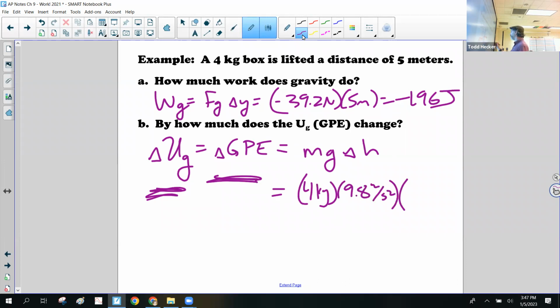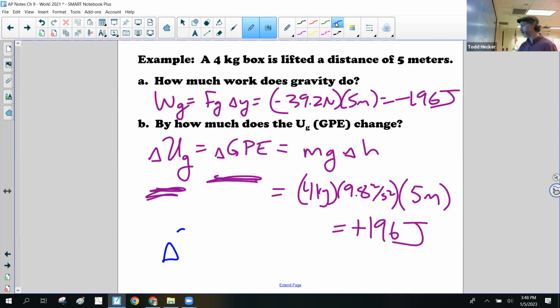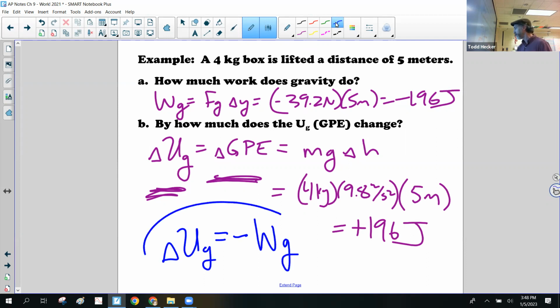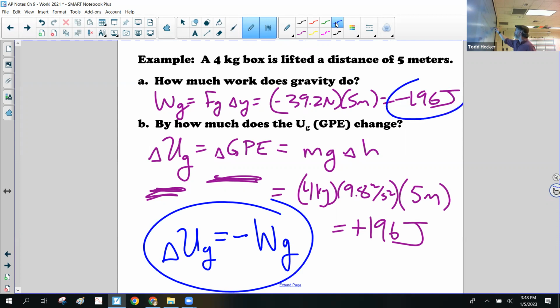Our change in height is positive 5 meters. And you get positive 196 joules. There you go. So notice our change in gravitational potential energy is equal but opposite the work done by gravity, because one is negative 196 and the other one is positive 196.